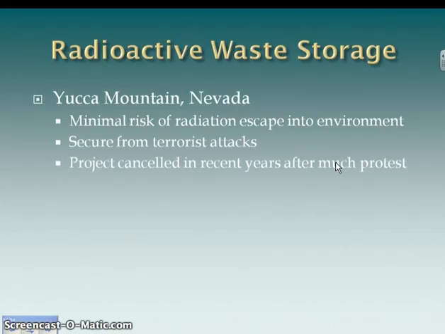It's 90 miles northwest of Las Vegas, and this site was really high on the Department of Energy's list because there was a minimal risk of radiation escape into the environment. It's going to be buried deep underground, be secure from terrorist attacks. But with a recent change in the presidential administration and a lot of protests, the Yucca Mountain project's been canceled. But it raises the question, what do we do with our radioactive waste here?